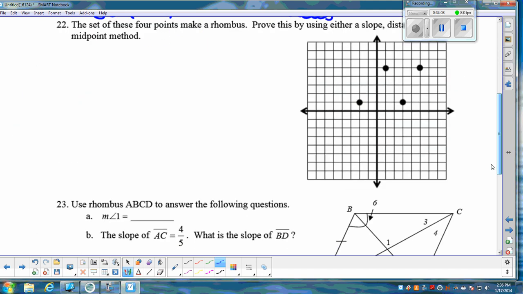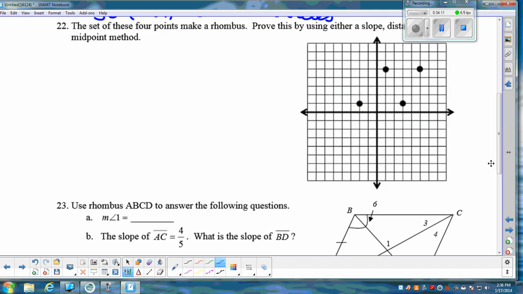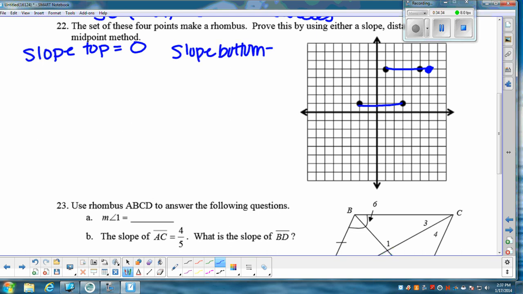All right, 22, I'm first checking my slopes, making sure I'm remembering that my teacher told me that I had to move that 1 point over because we made a mistake. All right, so we find all of our slopes. The slope of the top line is, again, since it's a horizontal line, 0. The slope of the bottom line is also horizontal, so it's also 0.